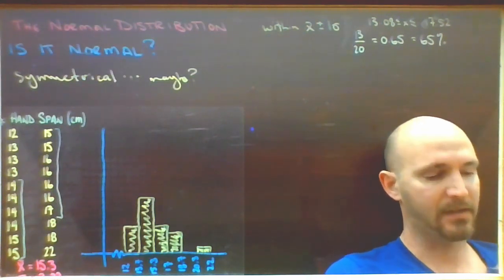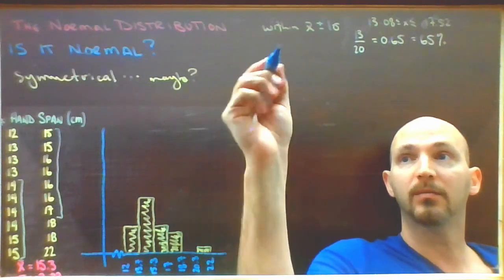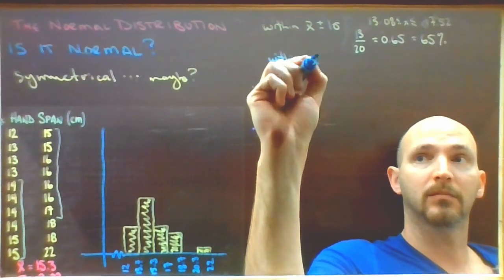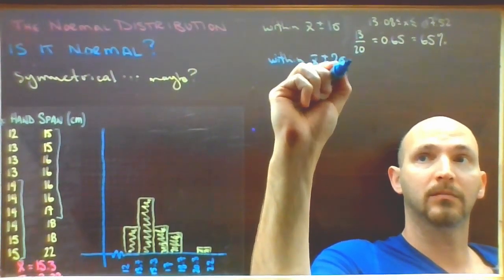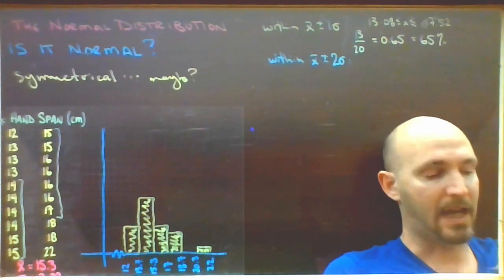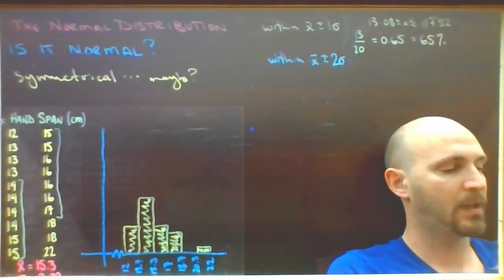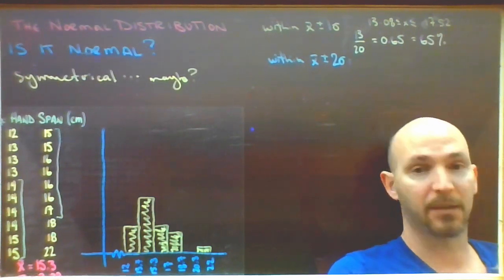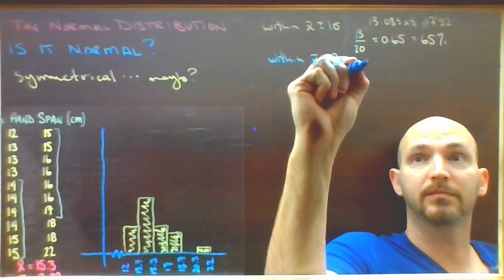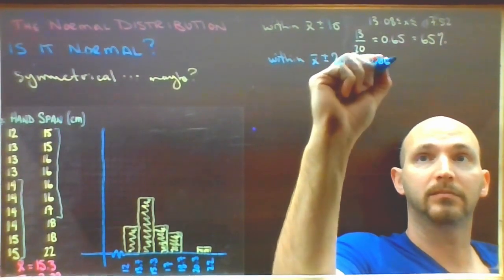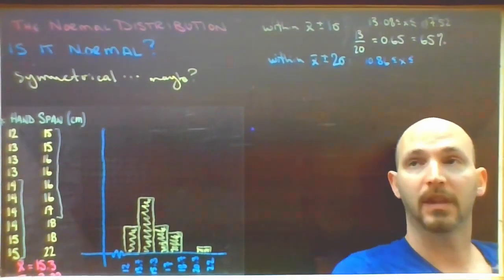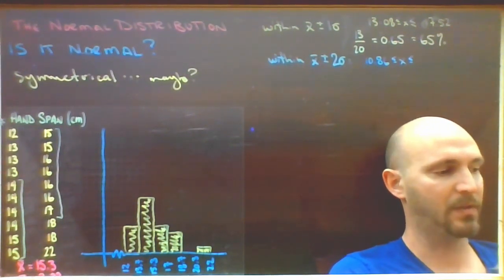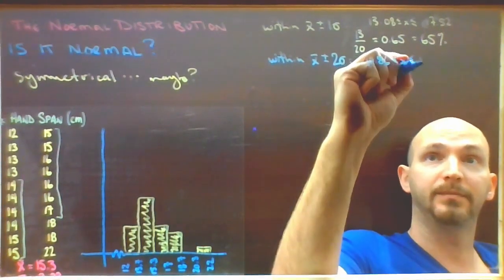Next question was, within 2 standard deviations. So if I took the average, 15.3, and subtract 2 standard deviations, I end up with 10.86. If I add 2, 15.3 plus 2 times 2.22, I get 19.74.